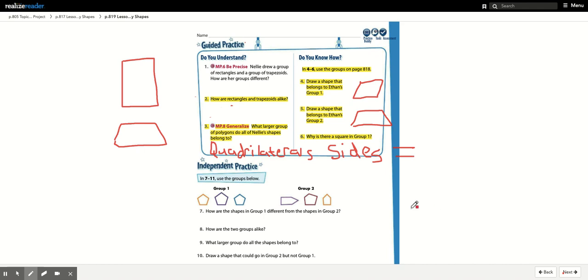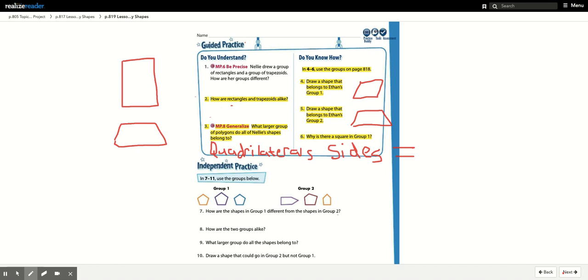Let's go ahead and take a look at our independence practice now. For numbers 7 through 11, it's asking us to use the groups below. Look carefully at the groups, just like we did for 4 through 6. Carefully count the sides, try to identify what shape that might be. Do the same with group 2.